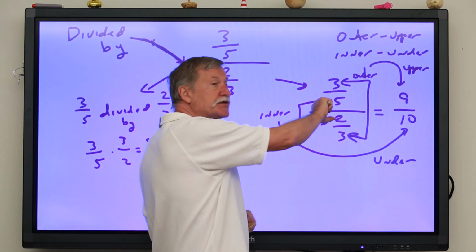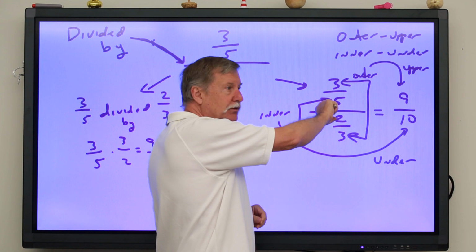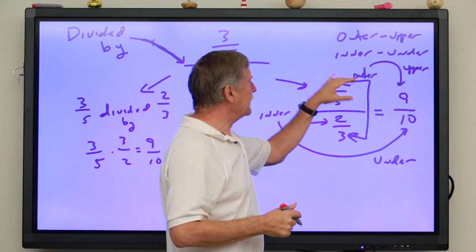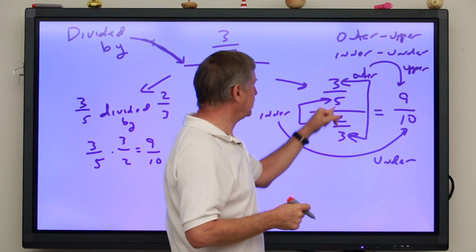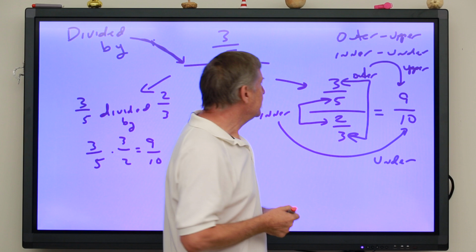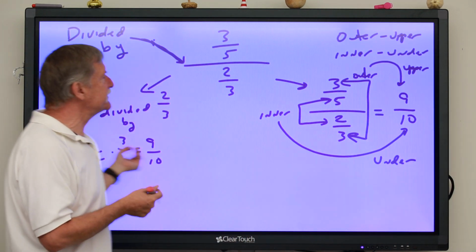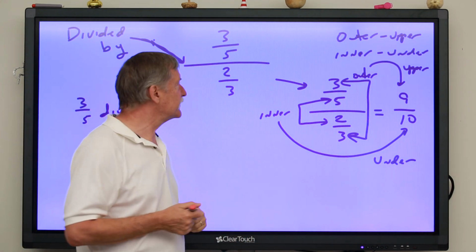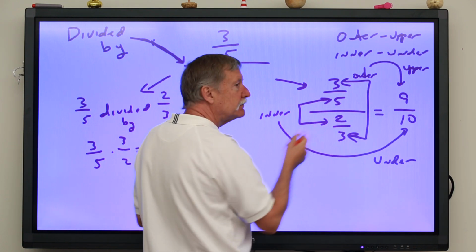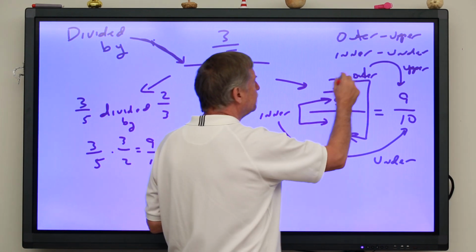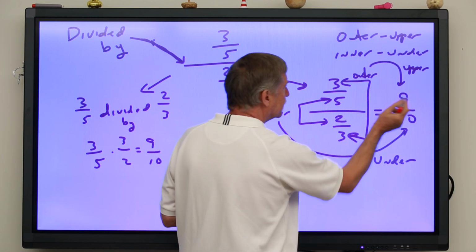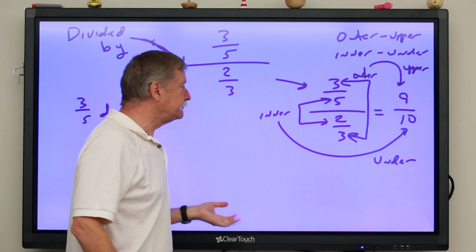Inner, the two numbers that are inside, get multiplied, and they go under. Outer, upper, inner, under. There's your answer. It's the same pattern as this, except you don't have to rewrite it and flip things. You just take advantage of going outer and inner, multiplying, and putting the outer one in the upper part of the answer and the inner one on the under part of the answer.